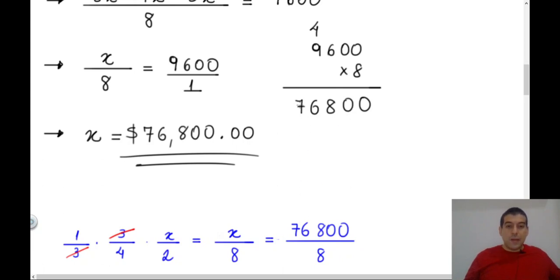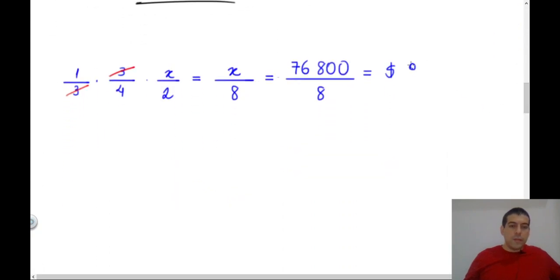So it means that this number divided by 8 will be 9,600. So this quantity here, 9,600, will be the amount of money that Kevin will give to each of his brothers, okay? And that's the end of the question.